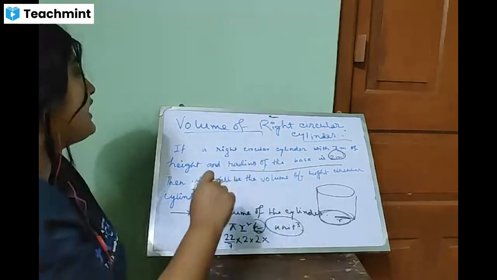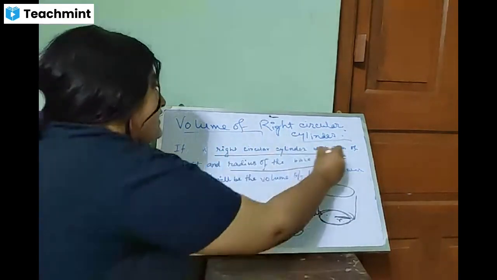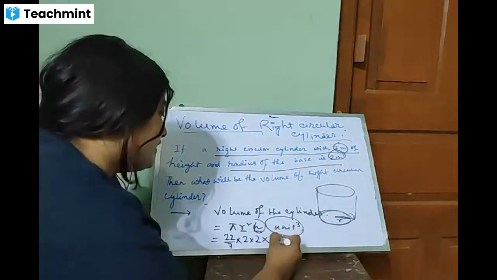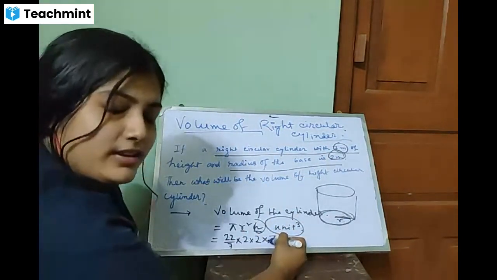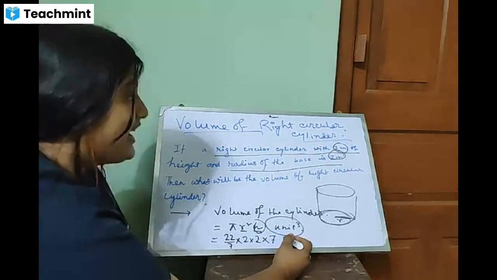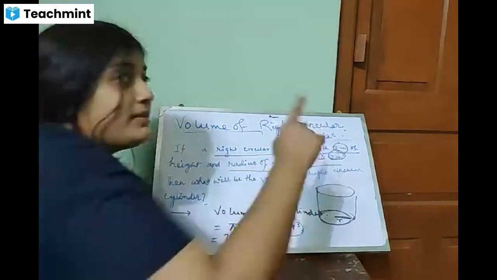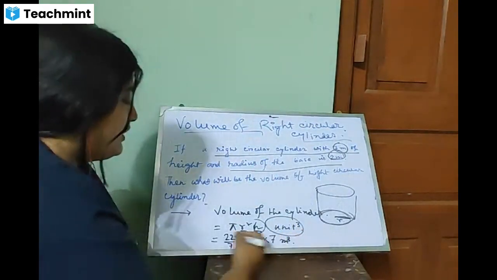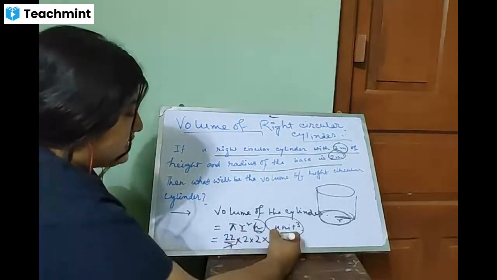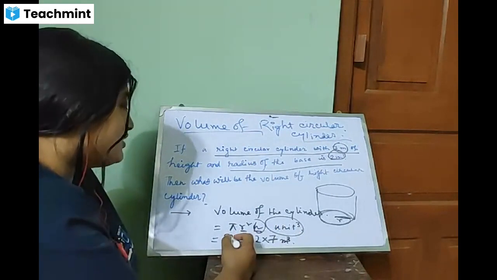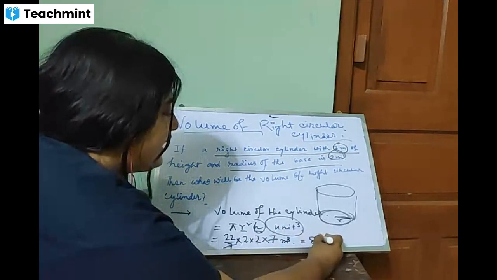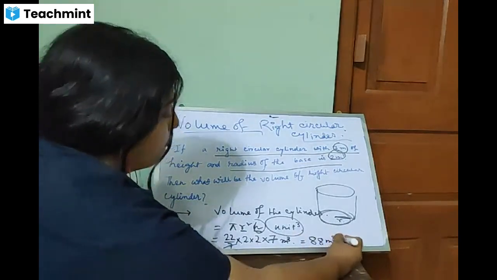The height of the right circular cylinder is 7 meter, so we multiply 7. The unit is meter cube. Then we get 7 and 7 cancel, and 22 into 2 into 2, so we get 88 meter cube.